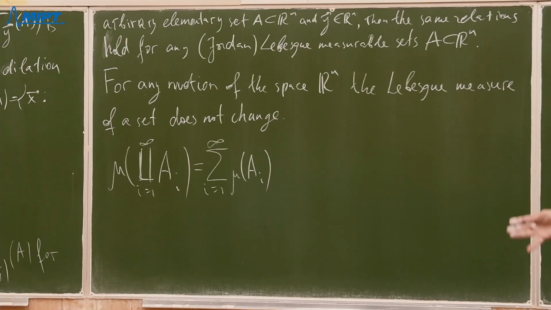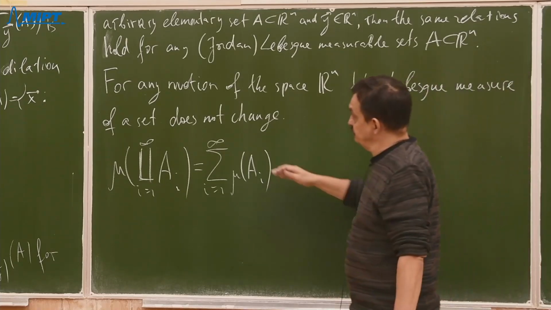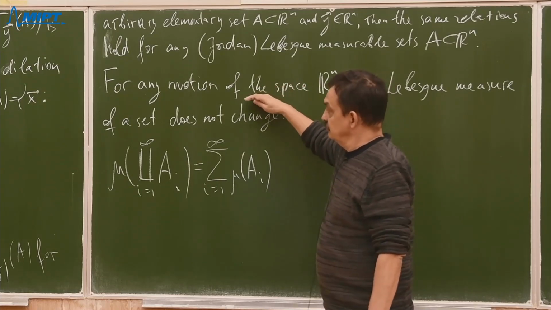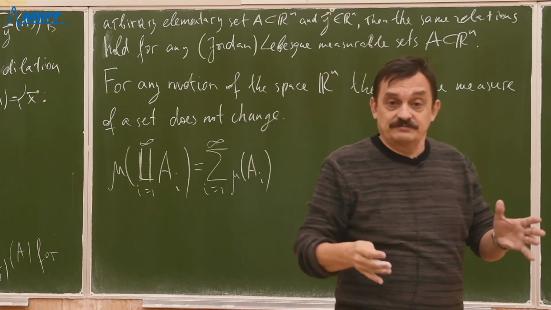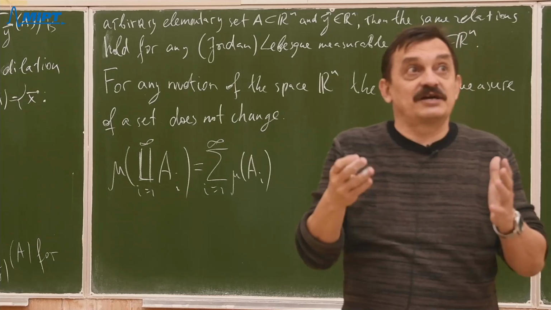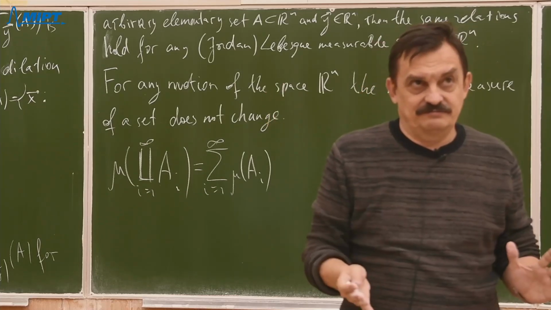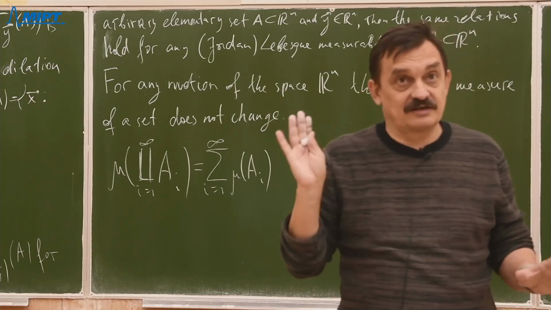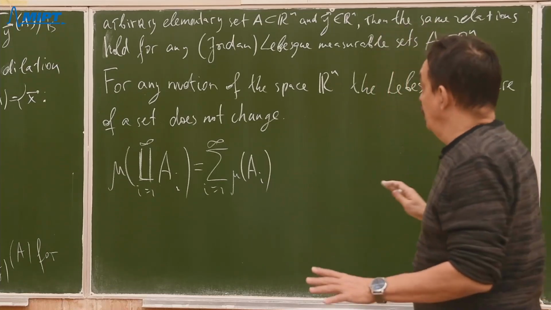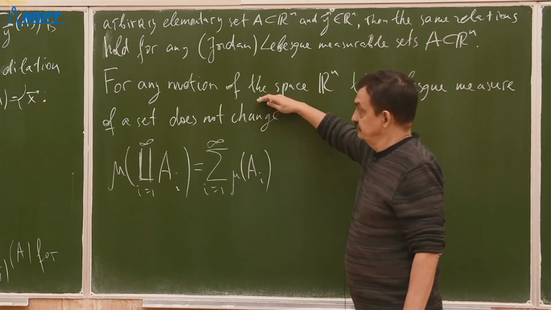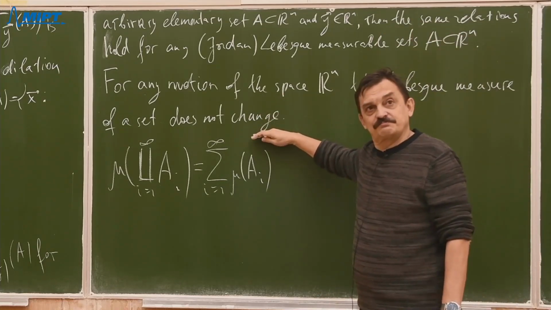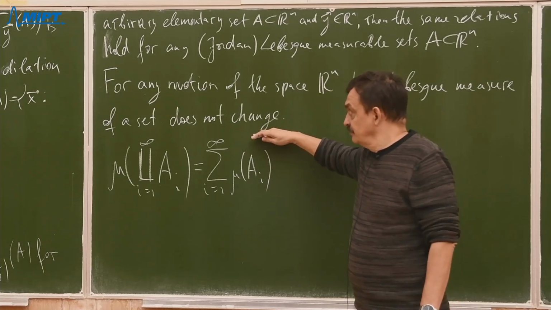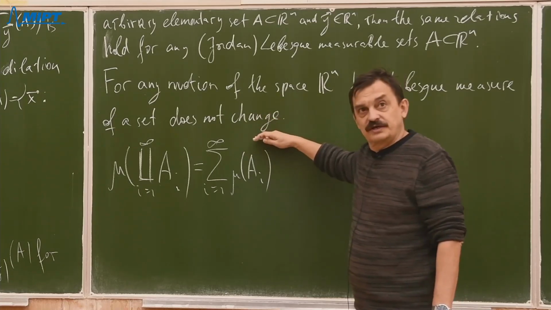And it turned out that if you want to have a measure such that you can measure every set, right? Every possible set in Rn, and invariance with respect to the motion, right?